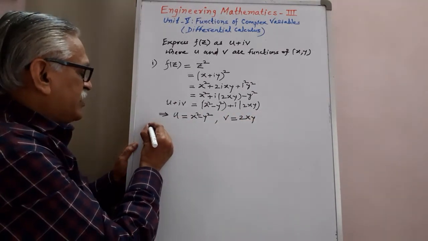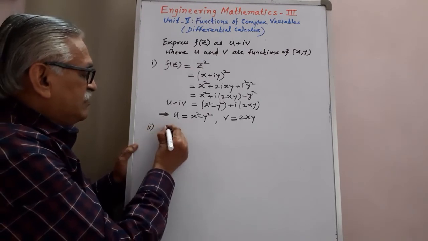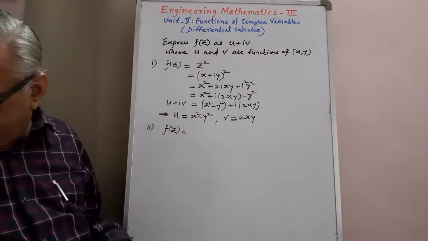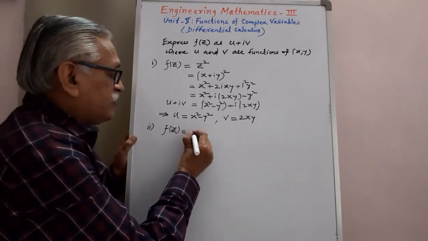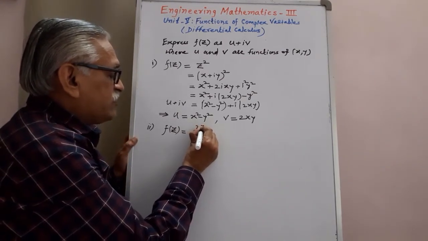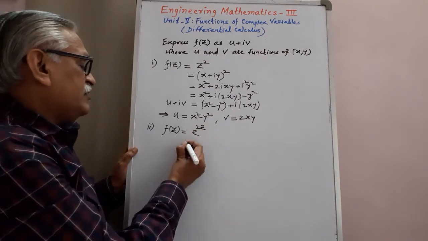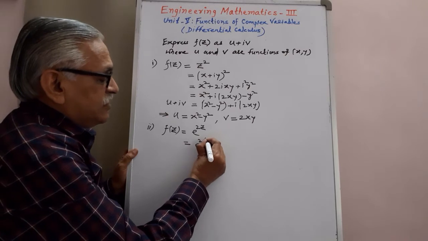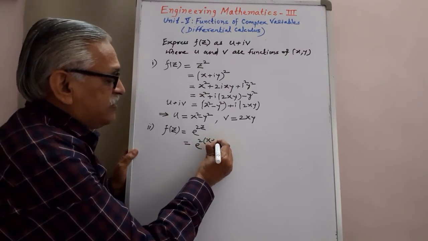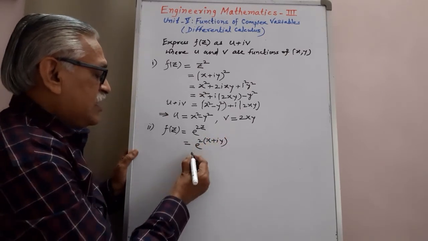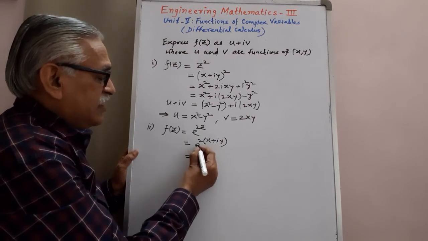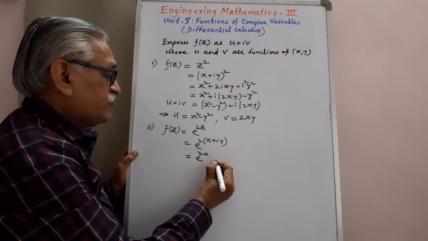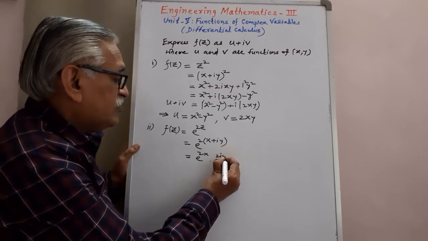Then we go for the second example. f of z equals e raised to 2z, suppose. Then it equals e raised to 2 times z, substituting z as x plus iy. Splitting it, it is e raised to 2x into e raised to 2iy.